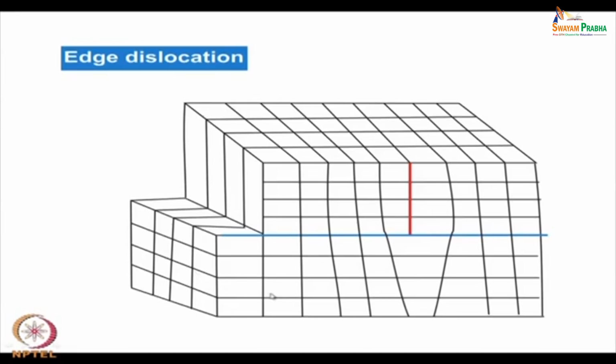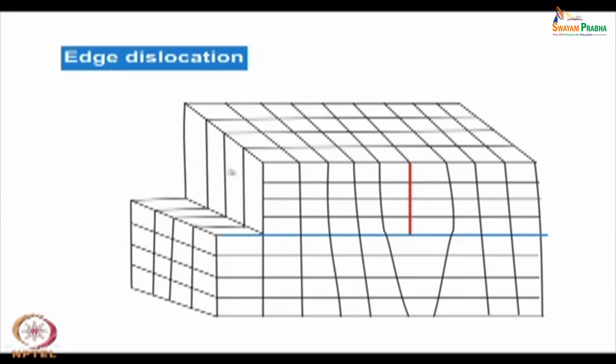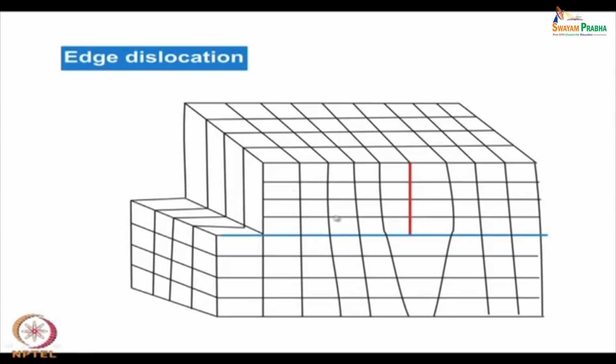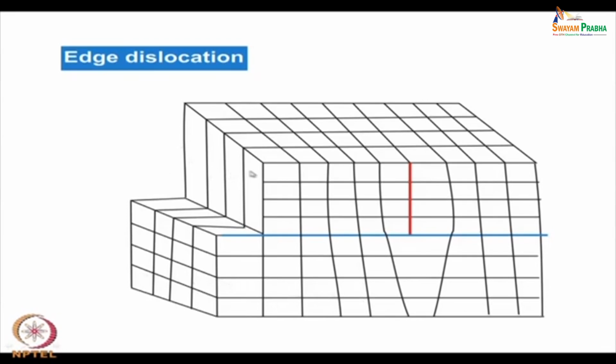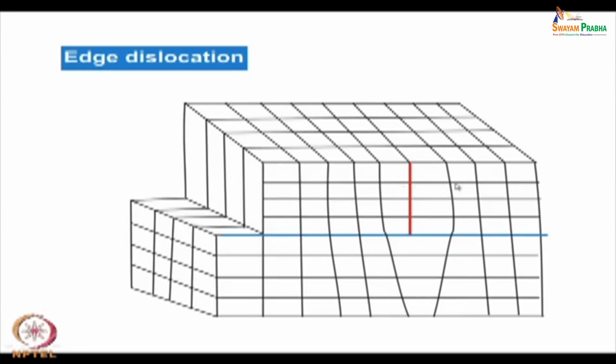Here we are applying a stress on the top half of this crystal, in the forward direction, whereas in the bottom half we are applying a stress in the backward direction, from right to left. So, the top half is trying to slip in this direction and the bottom half in this direction. That is how we have applied the pressure.